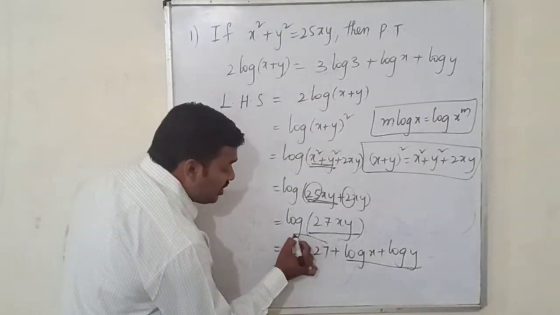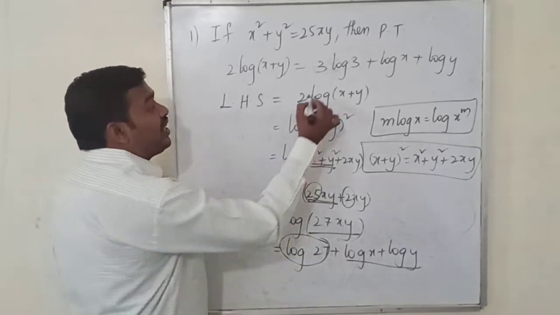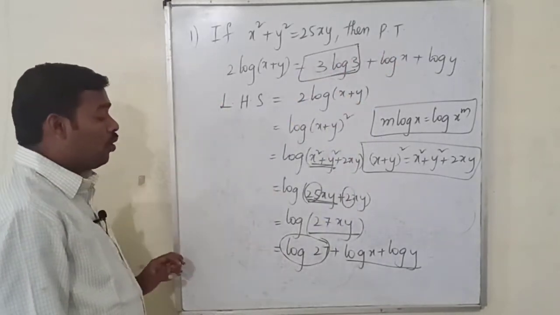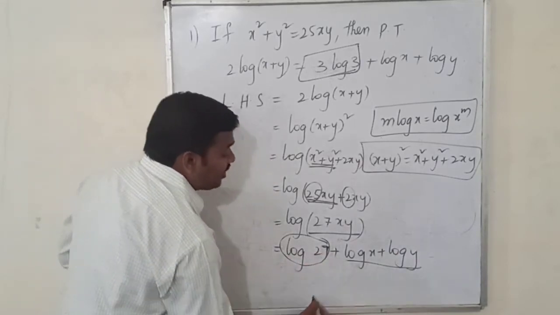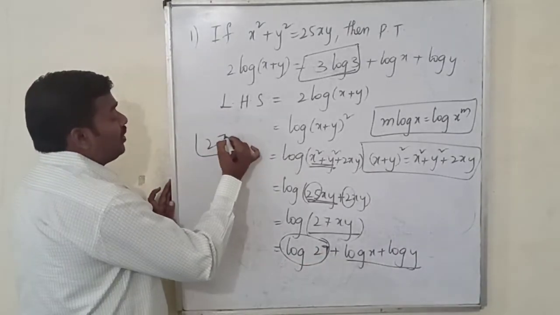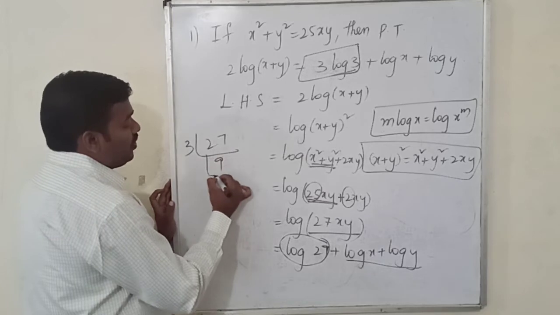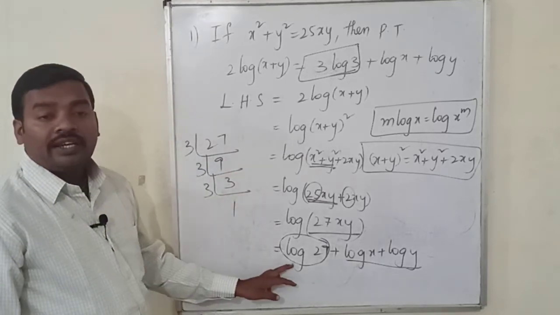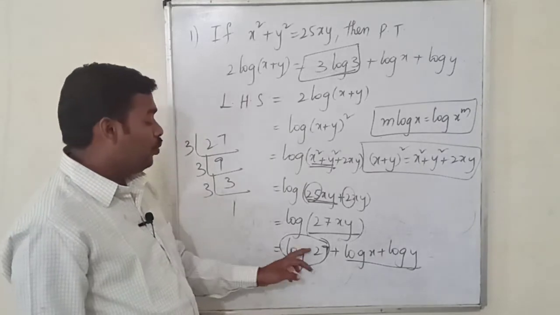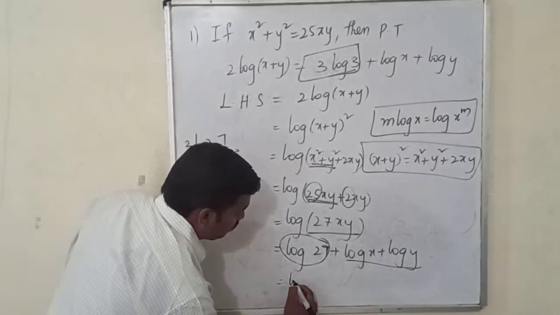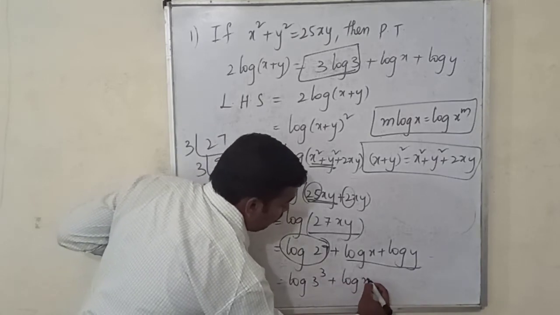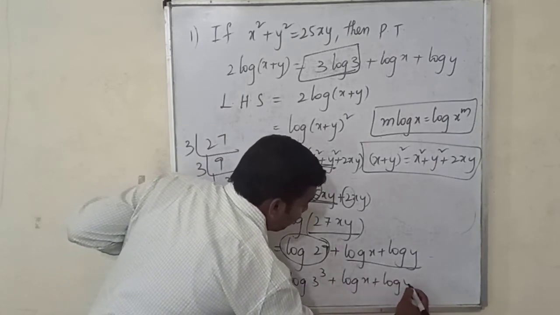By changing this log 27, we can get 3 log 3, because this is the only entity we need to find out now. What is the prime factorization of 27? That is 3 9s 27, 3 3s 9, 3 1s 3. That is, 27 is 3 cube, log 3 cube plus log x plus log y.